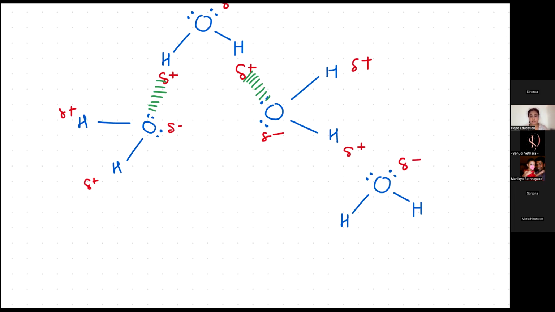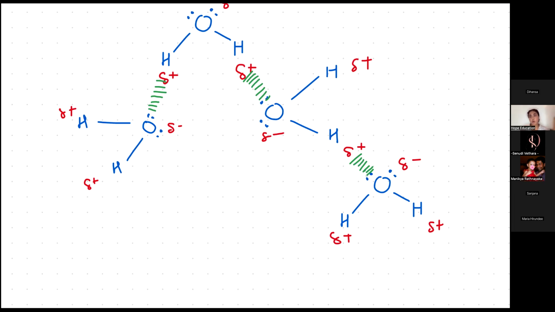Here partial negative, partial positive. Here we can see this is partial negative, this is partial positive, so there will be an attraction here also. Likewise, if you take water, everywhere there are these attractions between the partial negative oxygen and the partial positive hydrogen.